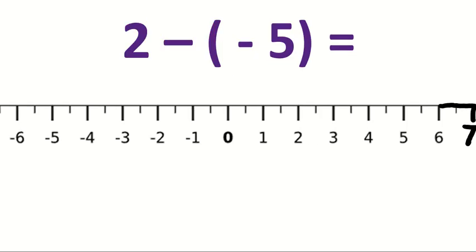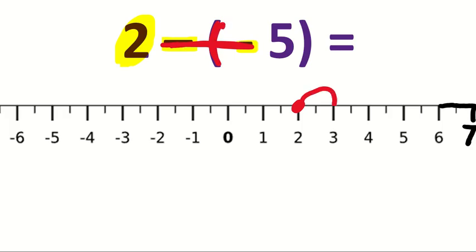Now let's go ahead and do the same thing over here. So what we have is a 2. So let's put our dot above the 2. And we're subtracting a -5. Well, we can extend the line and make it into a plus sign looking thing. And look at this. It's basically 2 plus 5.